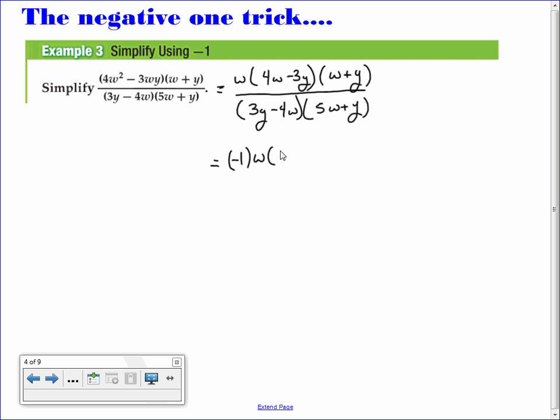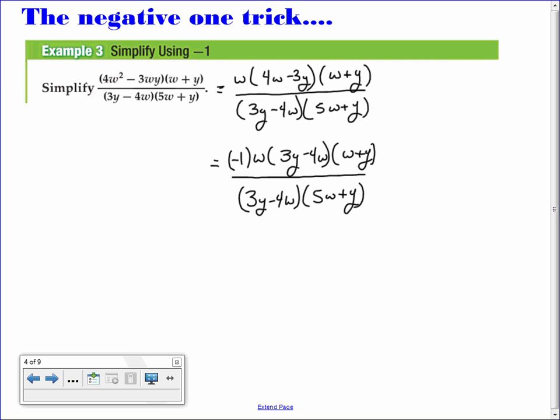I can rearrange it now. It's going to become positive 3y minus 4w. Over here I've got my w plus y from this problem. And my denominator is 3y minus 4w times 5w plus y. Now I can go ahead and do my canceling. Negative 1's not going to cancel.